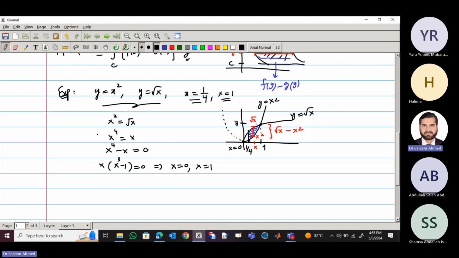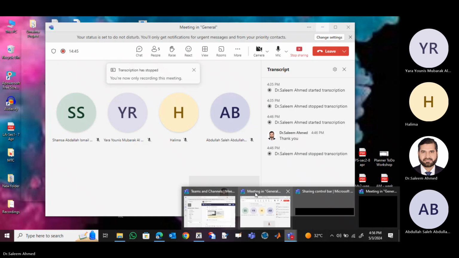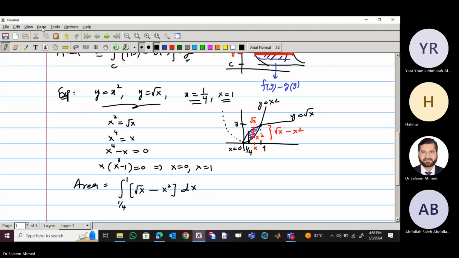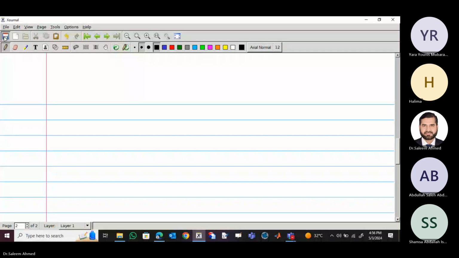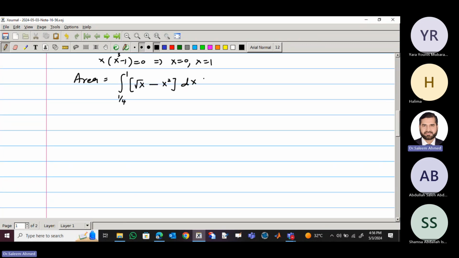So your area will become the integral from 1 by 4 to 1 of the curve which is above, square root of x, minus the curve which is below, x squared, dx. Now I can integrate this and get the answer.